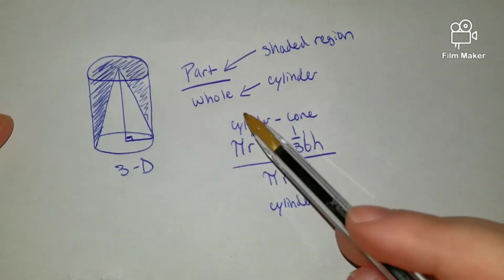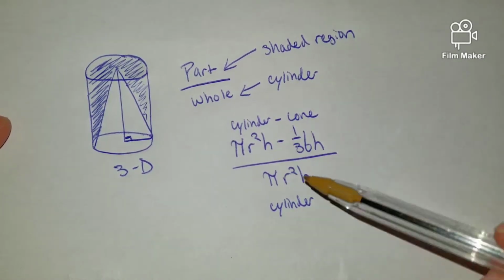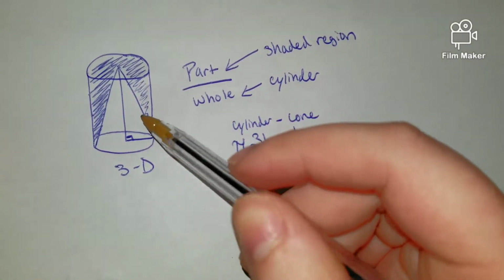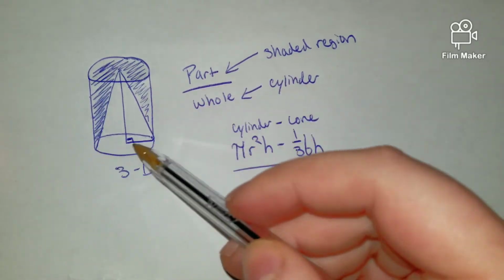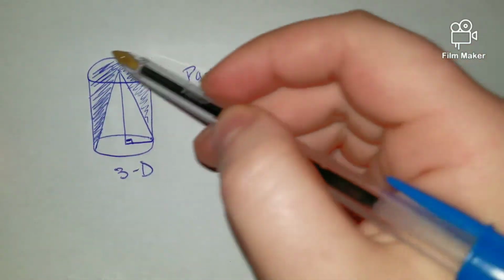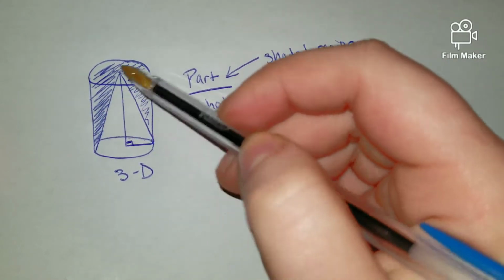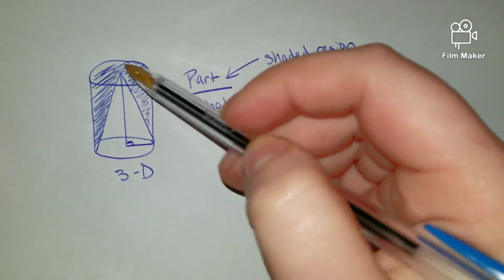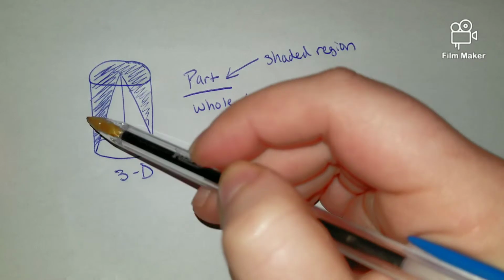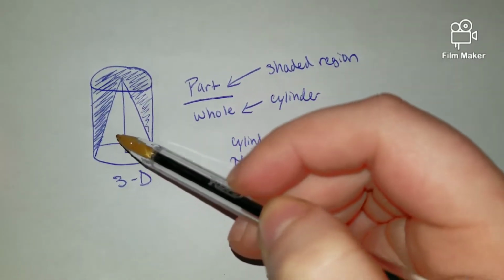And the reason we have cylinder minus cone is that we're trying to find how much space, what is the probability of choosing a point in this space that is not in the cone.